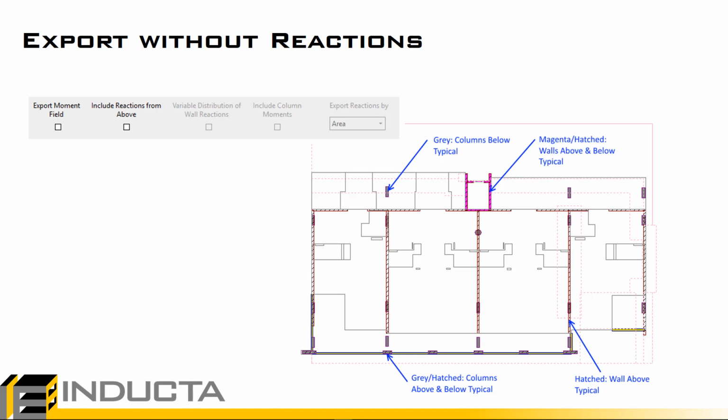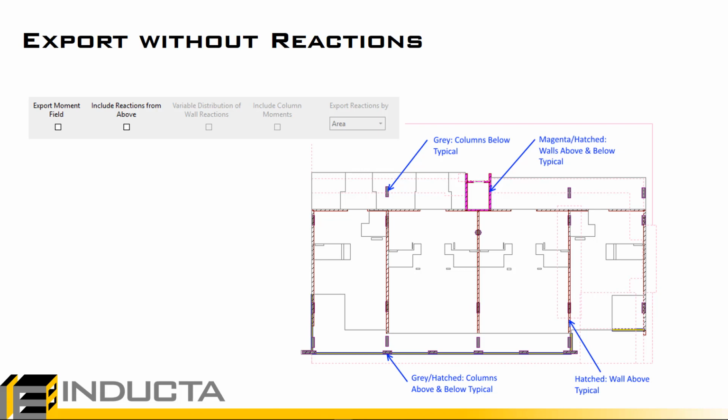The SLB file, for example, is run by itself in the background. But this following set of screenshots will show what is being exported to SLB in terms of reactions based on the various settings, so we understand what we're doing, and when it comes time to choose which option is suitable for our design, we know which one to pick.